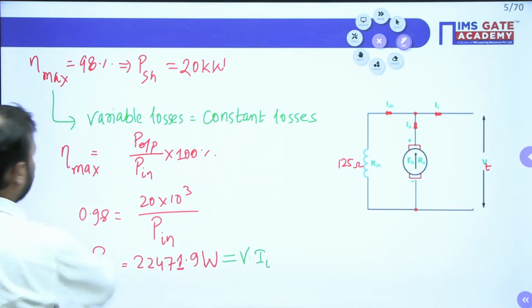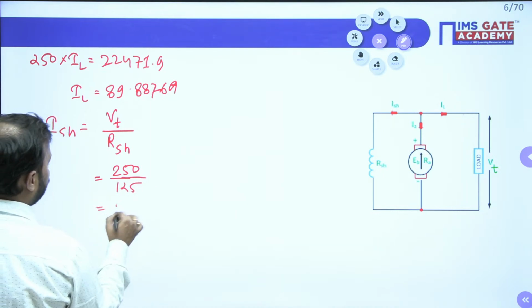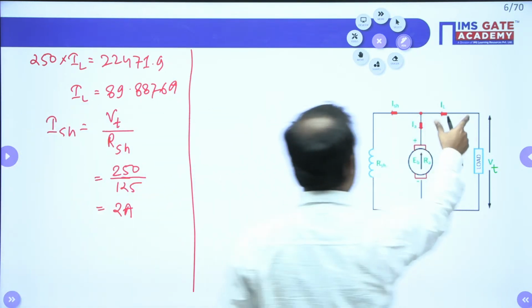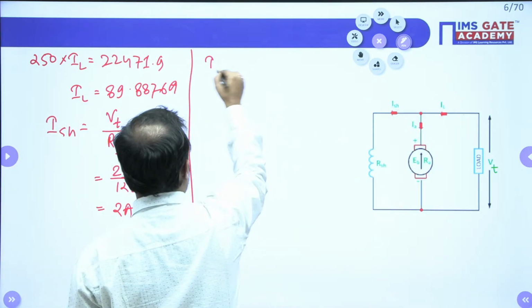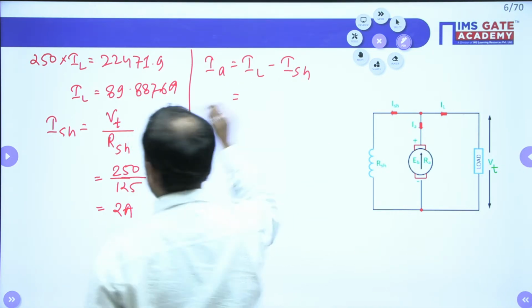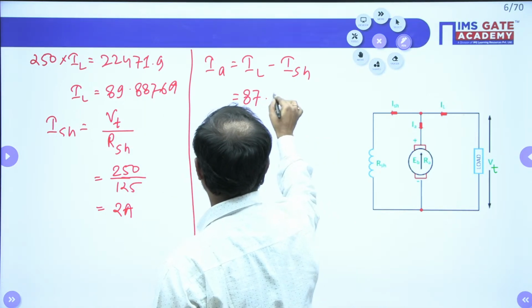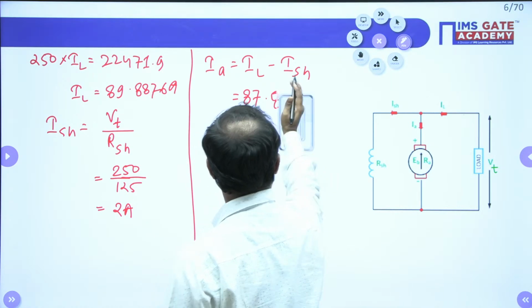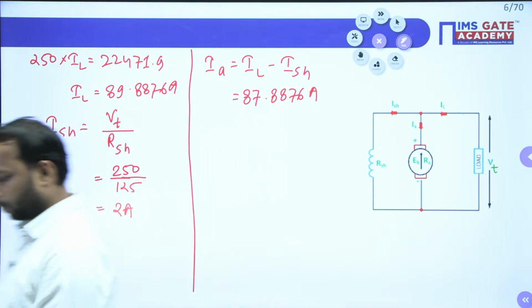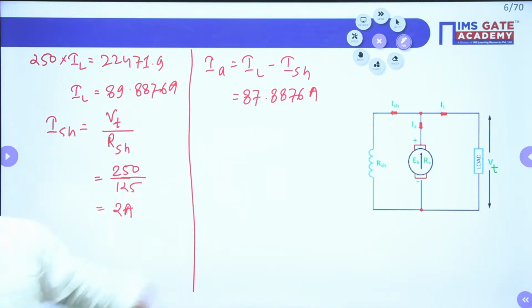So this is equal to 2 ampere. Done. So we have IL, we have ISH. So IA is equal to IL minus ISH. Subtract these two, you will get 87.8876 ampere. So this will be the armature current here.